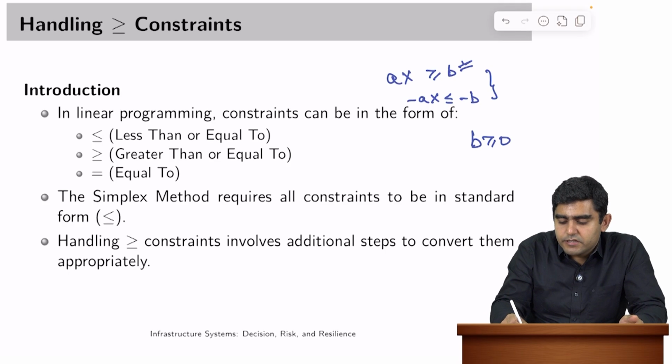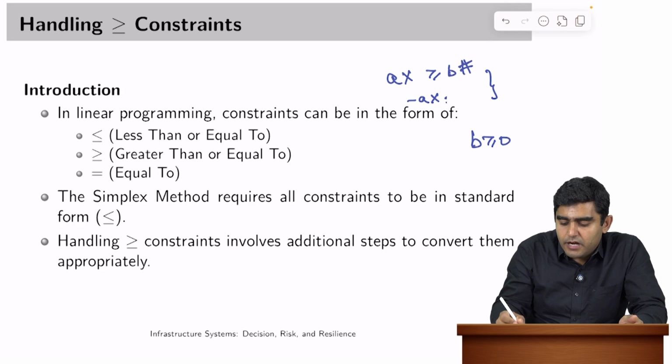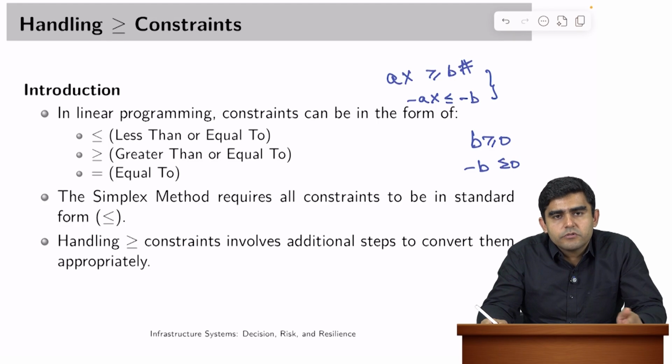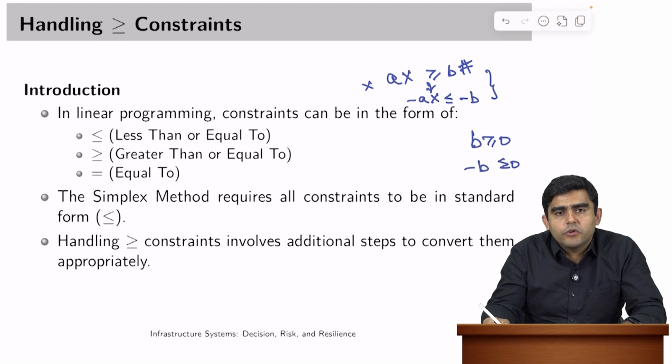If in our original system b anyways is greater than equal to 0, the moment you multiply it by minus 1, the RHS in this case minus b becomes less than equal to 0, as a result of which rules of simplex would not apply. So, in many cases this particular multiplication is not going to help us with the simplex tableau or simplex calculation.